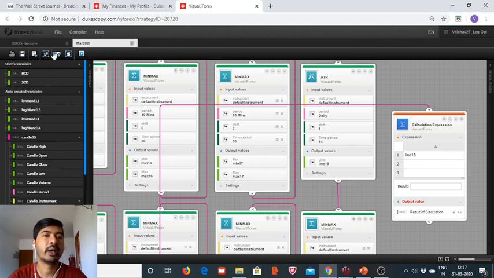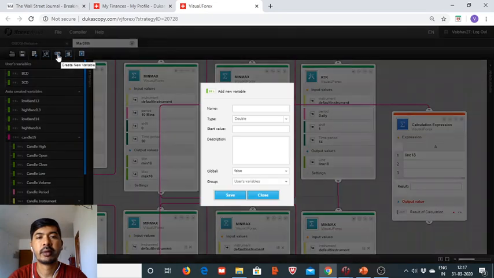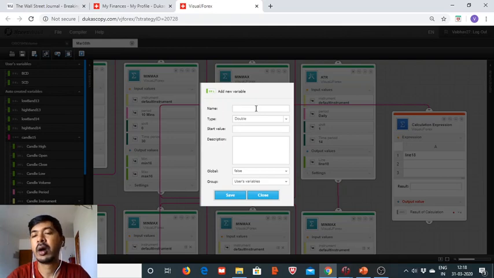And we multiply it with a new variable, double, and it will be minimum ATR difference, and let's okay, it's good, 0.3.